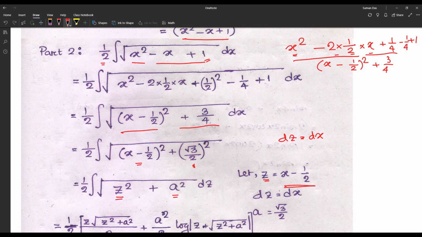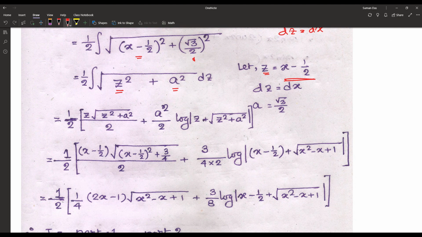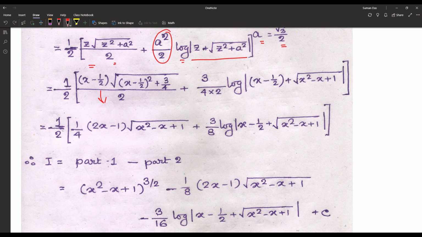From our first problem, that is z by 2 times the square root of z square plus a square, plus a square by 2 log of mod of z plus the square root of z square plus a square, where a is equal to the square root of 3 by 2 and z is equal to x minus half. We are just putting the values of z here, and this gives us the second part.